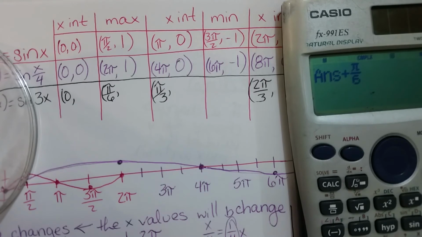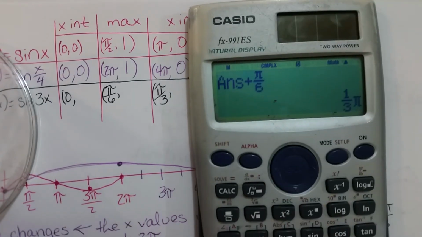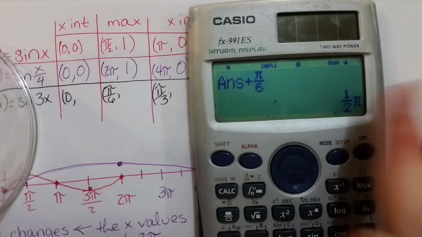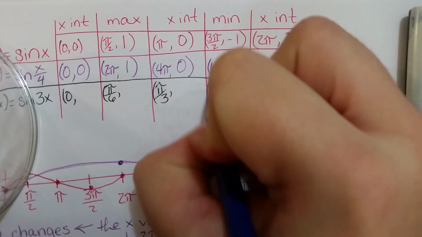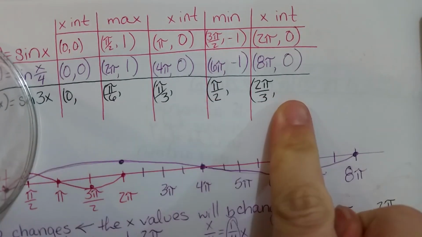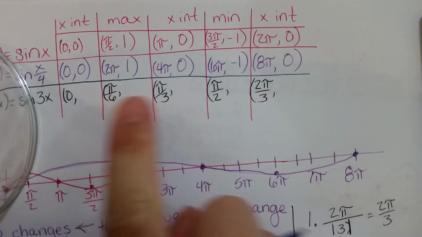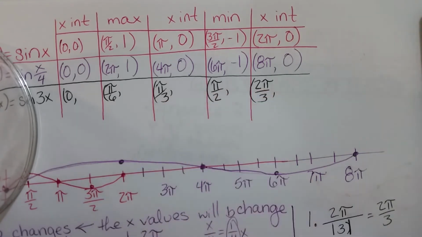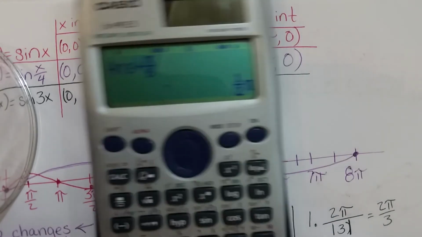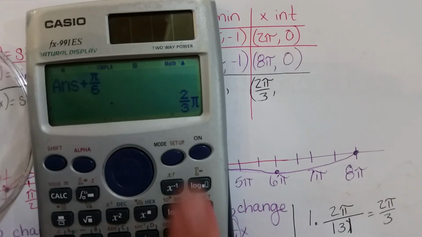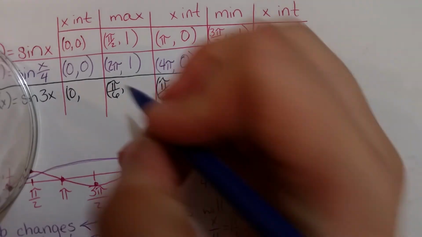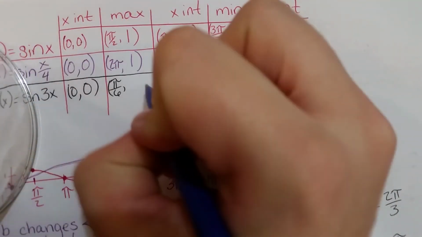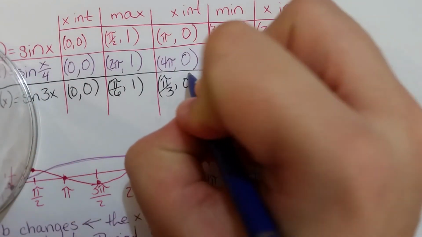Again, you're going to add π over 6, so I can actually just hit enter again. It'll take the previous answer and add π over 6, and I'm going to get π over 2. Okay, so those are all the x values. Each time you're increasing by π over 6. Now if I do plus π over 6 again, just make sure that you get your period. From there, we already talked about all the y values staying the same. They haven't changed.